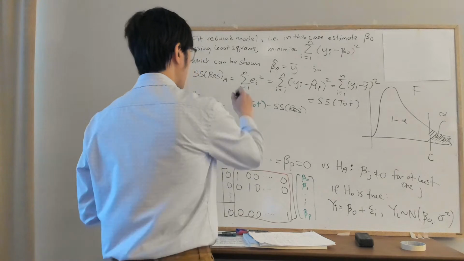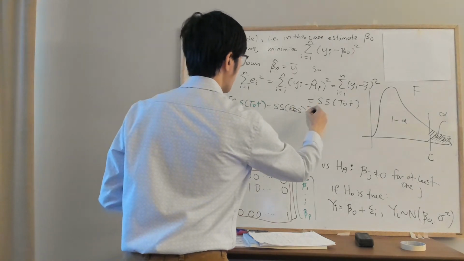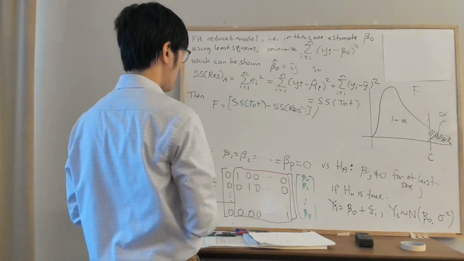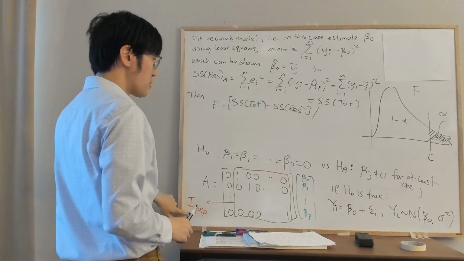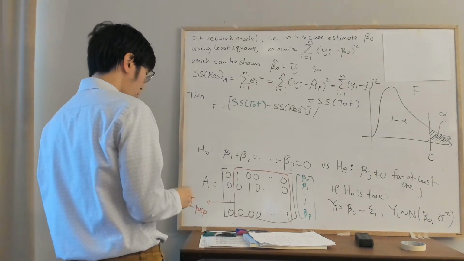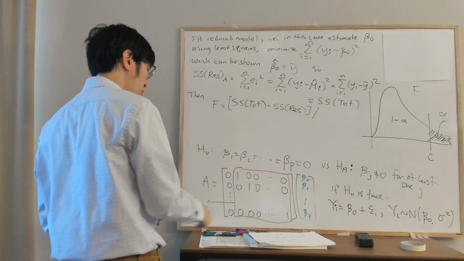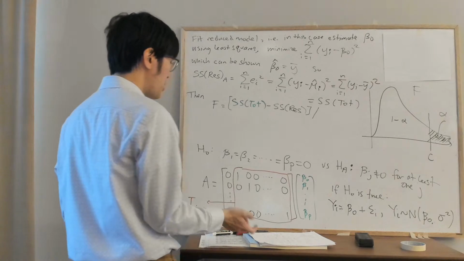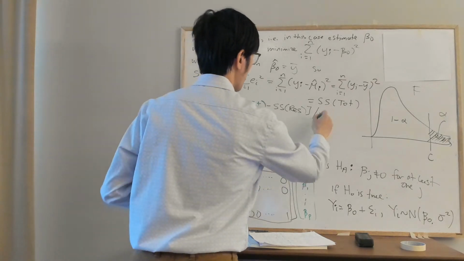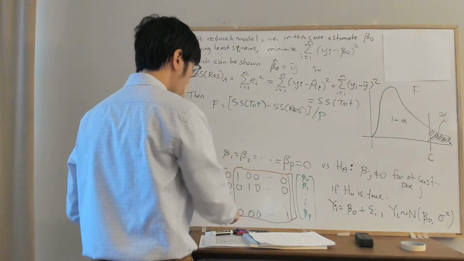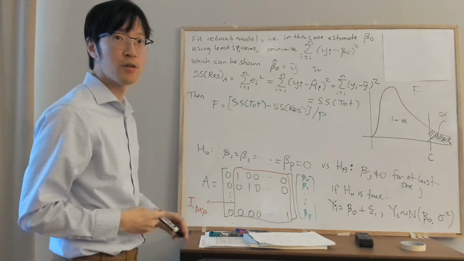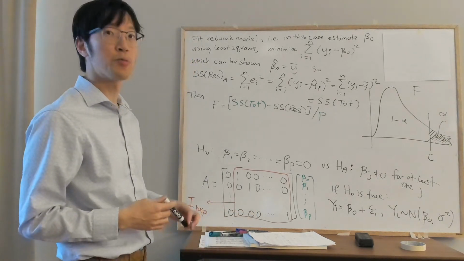And so we also now need to fill in the number of constraints. So this is divided by the number of constraints, which is, as we said, this A is a p by p matrix. In other words, the rank of A here is p. Because there are p constraints, let's also put in p here. So we've now applied the F-test formula for this special case.